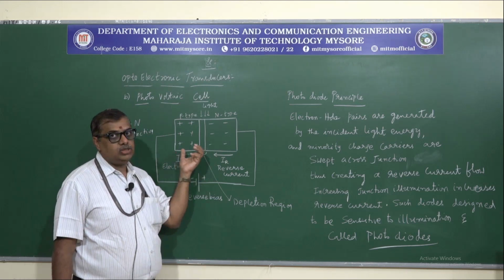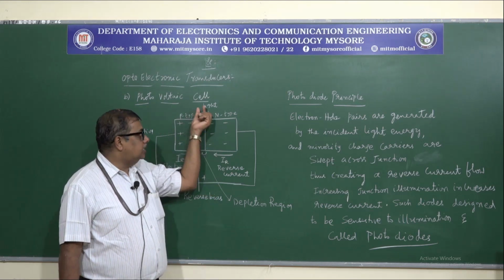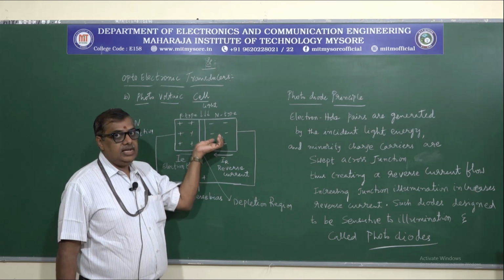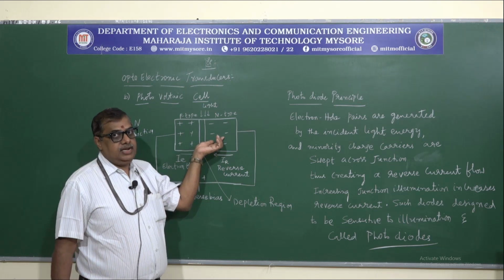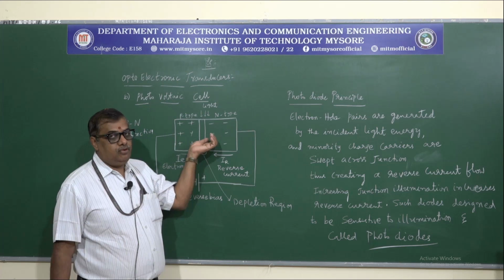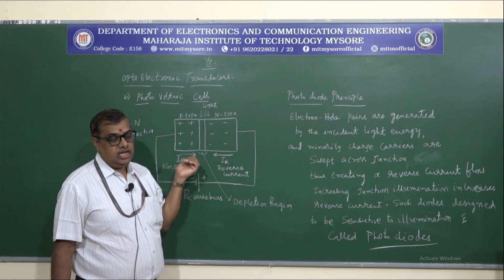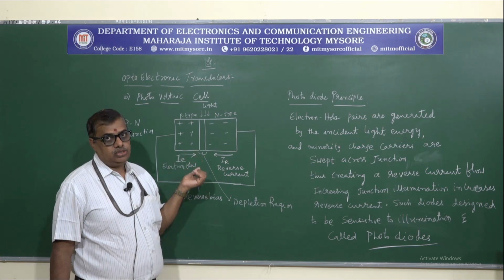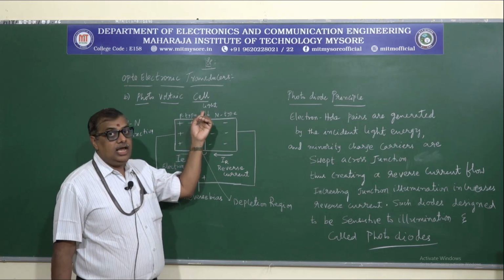The same action is going to be produced. The energy from the light source is going to excite the electrons inside the N type material. Those excited electrons will start flowing in the reverse direction, and that is the reverse current produced due to the light effect.